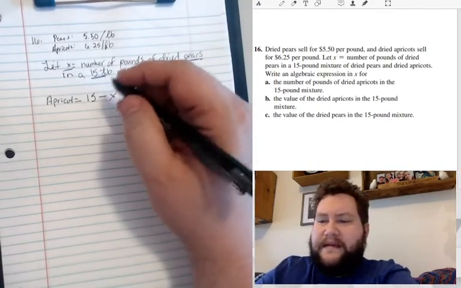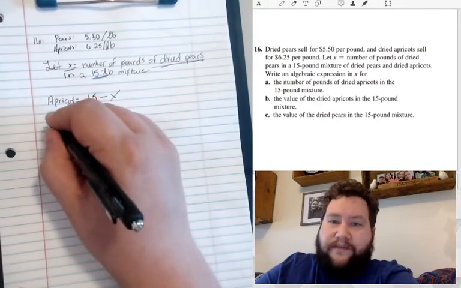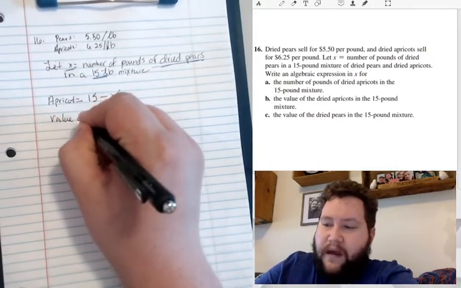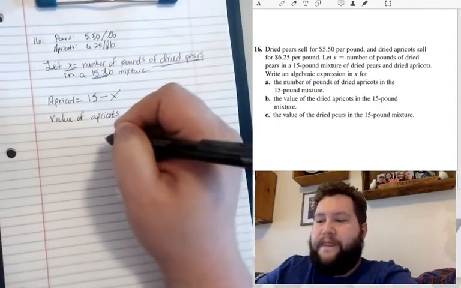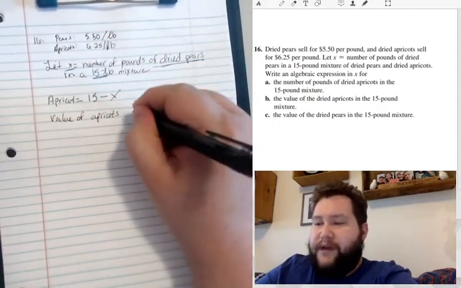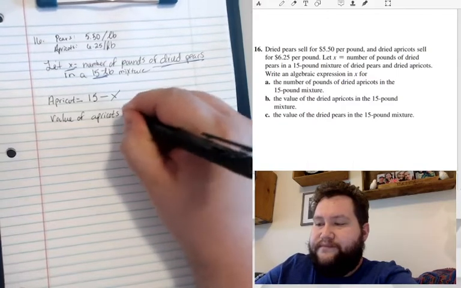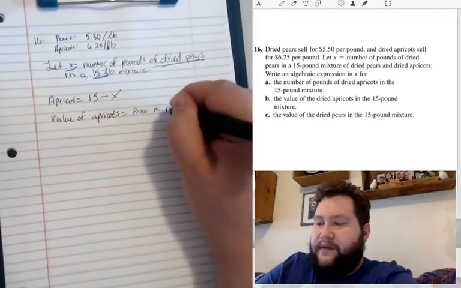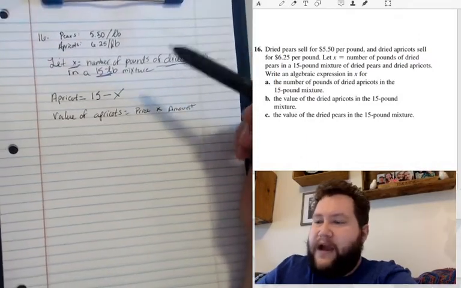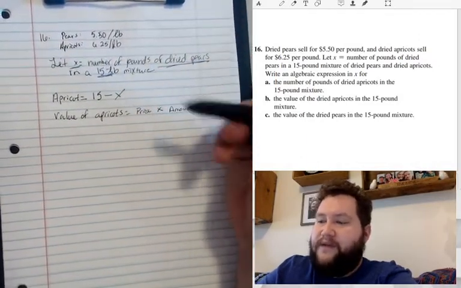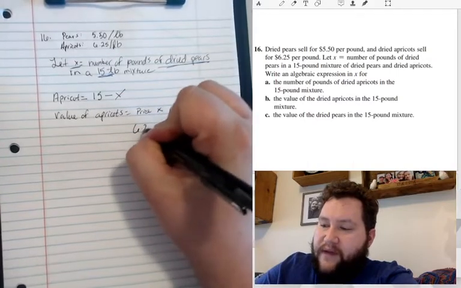And then it says, write the value of the apricots in the mixture. Well, so value is just going to be price times amount. And it gave us at the beginning that the dried apricots were worth $6.25 a pound. So $6.25 per pound.